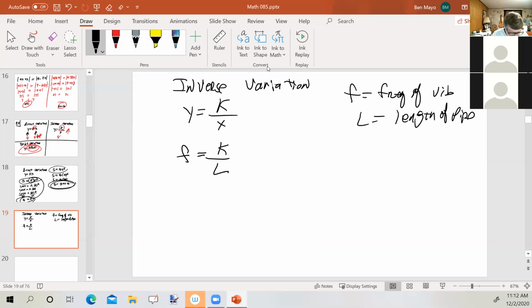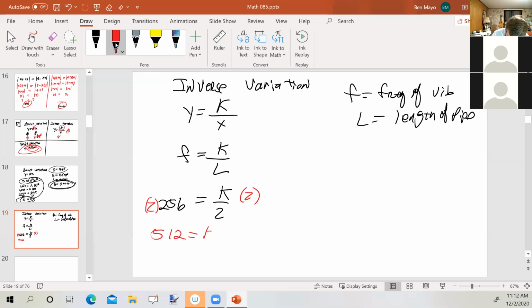If a pipe 2 feet long, so that would be the length, vibrates 256 times per second, so that's the frequency of vibration, that will allow us to determine what k is. That would be 512 equals k.